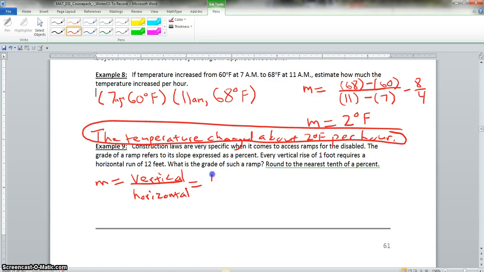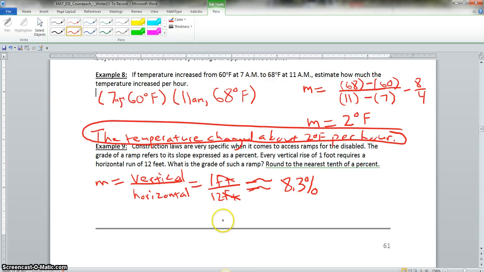Our vertical is 1 foot and our horizontal is 12 feet. The feet would simplify out, and then we would divide 1 divided by 12. That gives us an approximation for our answer. The nearest tenth of a percent will leave us at 8.3%.